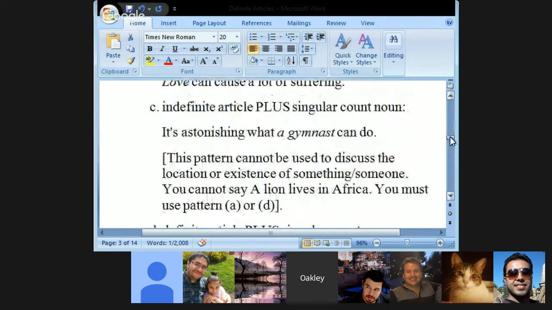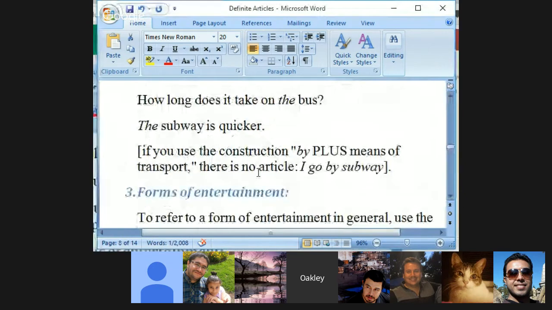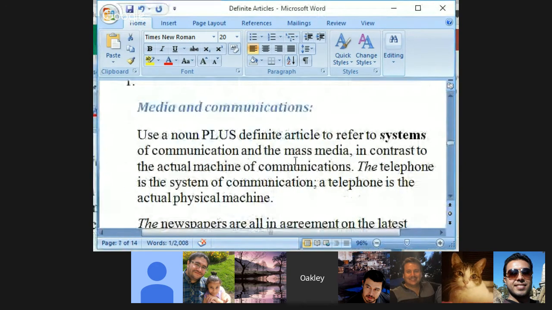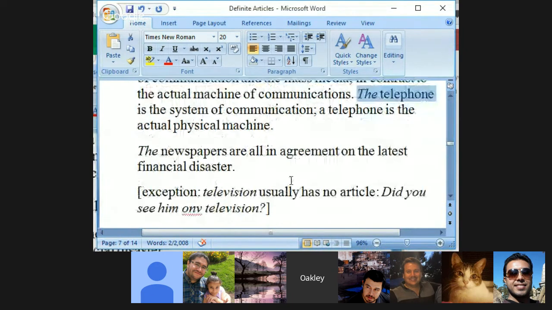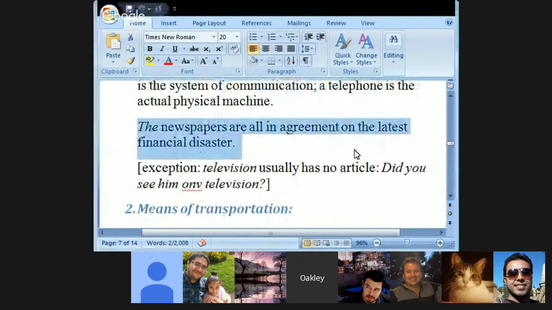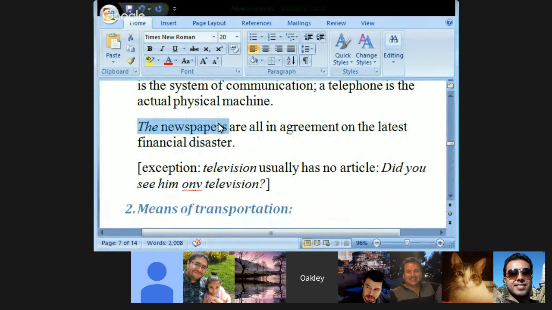I don't know where it is. It's somewhere way down the list here in our list of exceptions. Media and communications. All right, systems of communications and mass media. Not the actual machine, like the telephone that you actually touch, but the concept. The newspapers are all in agreement on the latest financial disaster. Even if it's the first mention.